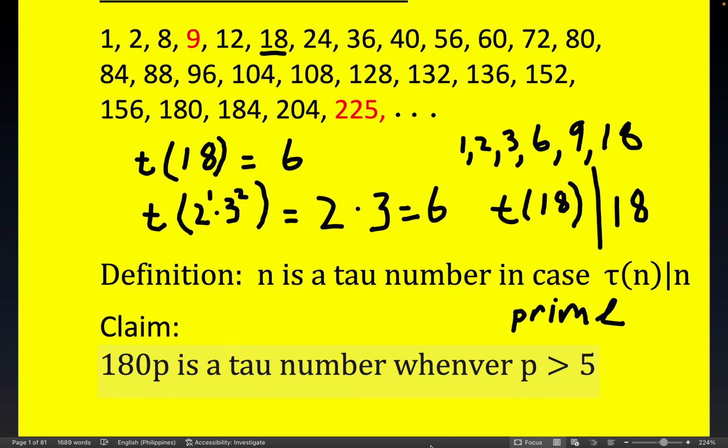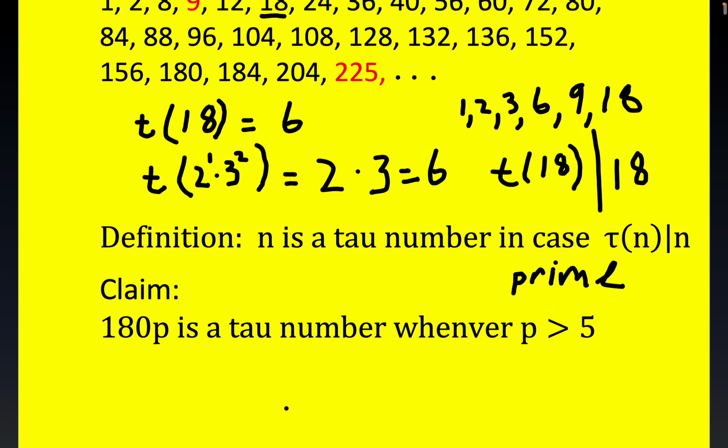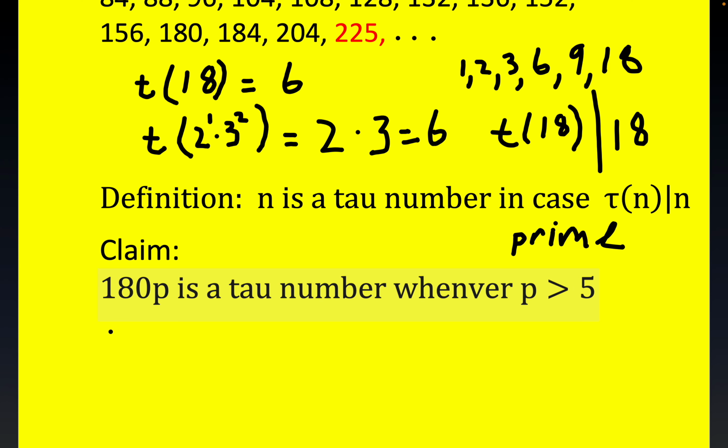Now, let's take a look at this a little more carefully, okay? Just to give you some insight why we're doing this, if we can prove this, well, we're done, because a corollary to this is there's an infinite number of tau numbers since there's an infinite number of primes greater than 5, right? So once we prove the claim, we're effectively done with the proof here.